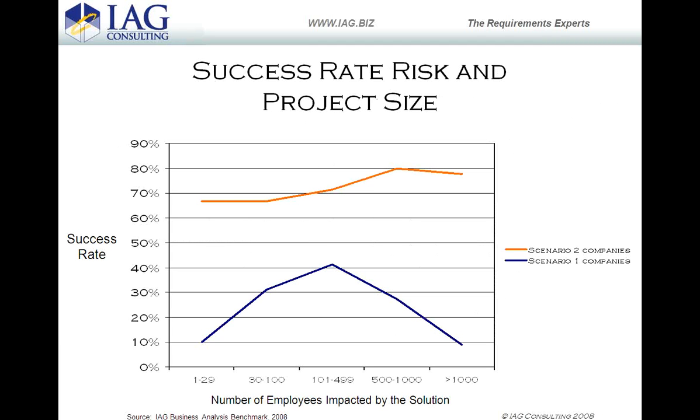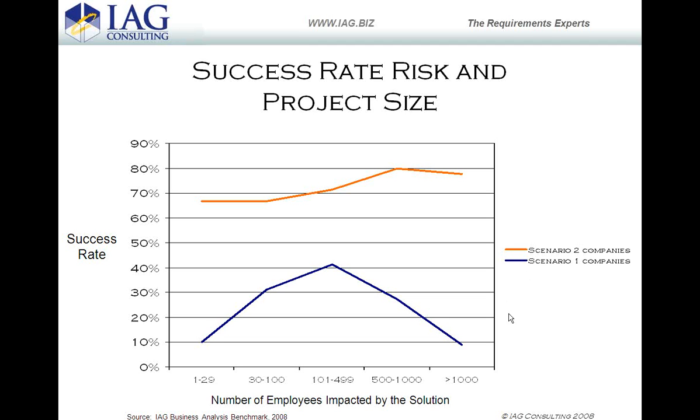In terms of the success rates, okay, let's take a look at the size. So in the poll itself, I said the number of users, okay? So here what you see is, I was expecting that it would go downward to the right. Again, scenario 2 companies, very, very boring because they are just generically successful, although they are noticeably less successful on the smaller ones.